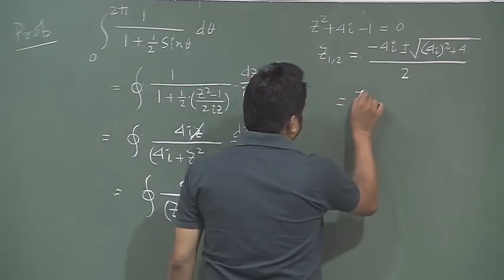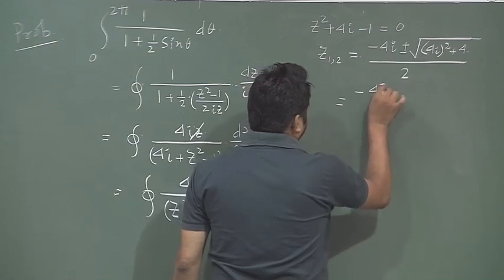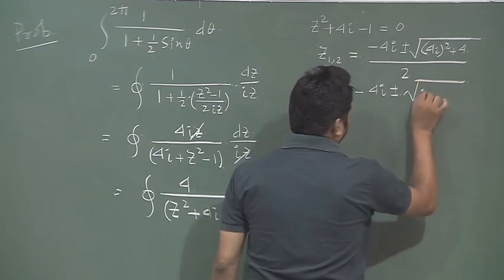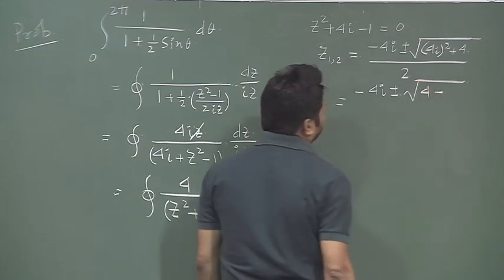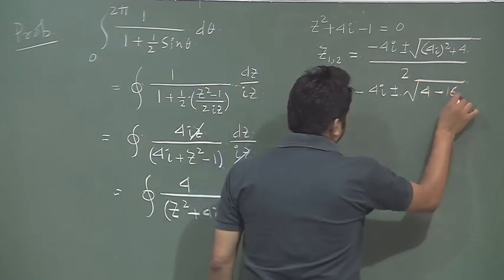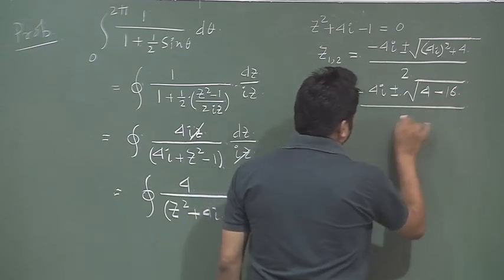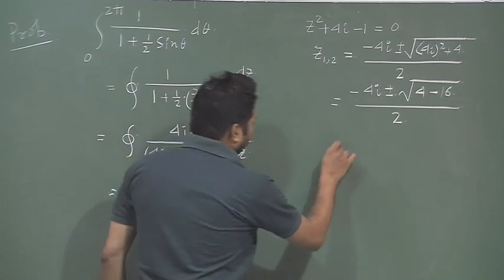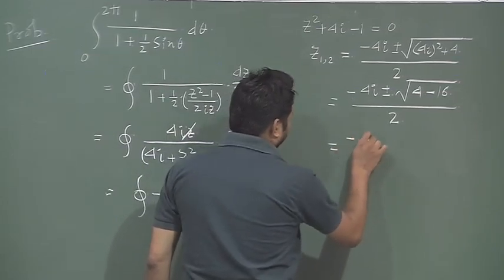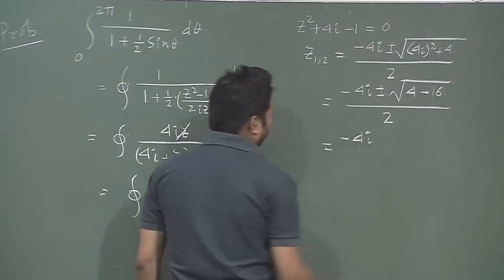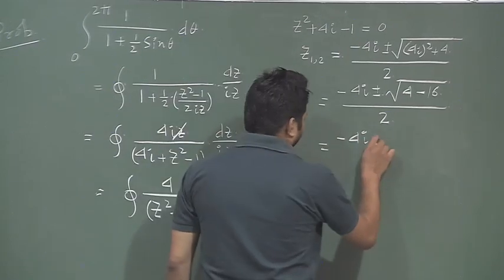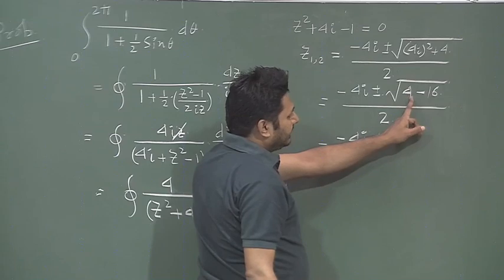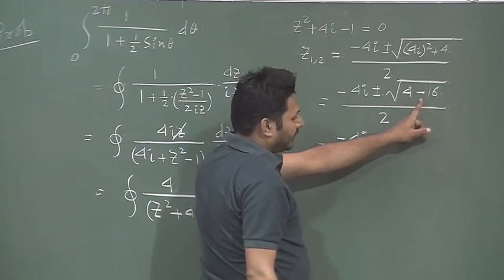Then let me try to simplify it. 4 I plus minus, this quantity seems to be 4 minus 16, divided by 2. So, this quantity is minus of 4 I plus minus of 4 minus 16, which is minus of 12, root over of minus of 12.